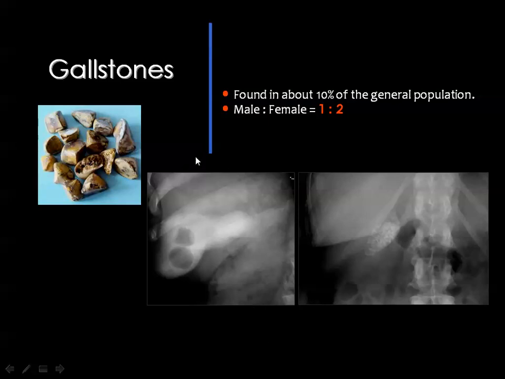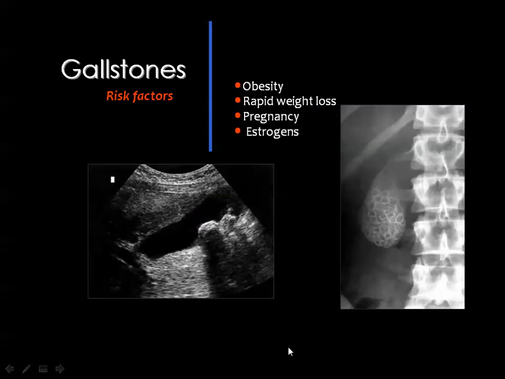And this is an oral cholecystogram showing the gallbladder distended by the contrast media with two radiolucent calculi seen as filling defects inside the gallbladder. And this is a plain film of the hypochondrial area showing too many small radiopaque stones in the region of the gallbladder.